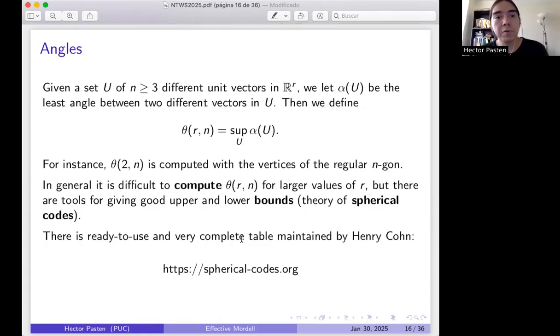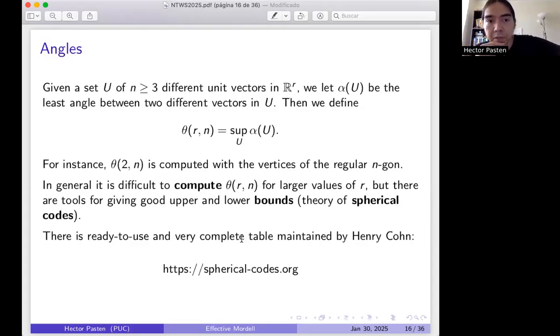And then I'm going to define theta_{r,n} as the supremum of these minimal angles as you vary your configuration of endpoints.